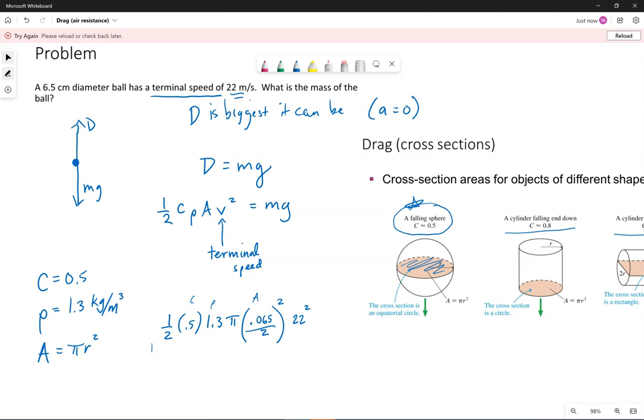So all of this right here is my drag force, and that needs to equal mg for there to be no acceleration, the terminal speed. So I can calculate the mass of this ball, or at least estimate it. It's still an estimation since we're using the approximation of 0.5.